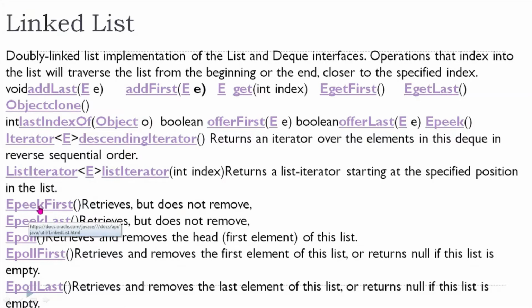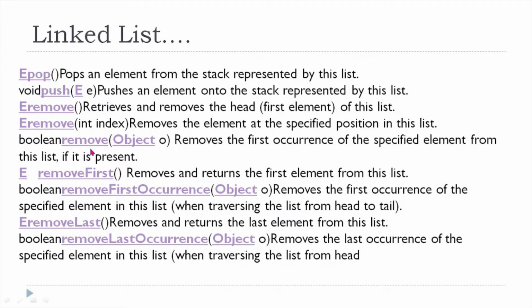This is peek first, which retrieves but does not remove, and here is poll first, which retrieves and removes. So these two are retrieving methods. Peek first doesn't remove and poll first removes. So it works like a stack. A few methods inherited from a stack are pop and push. This pop will simply remove from the stack, and push will simply add one element at the top.